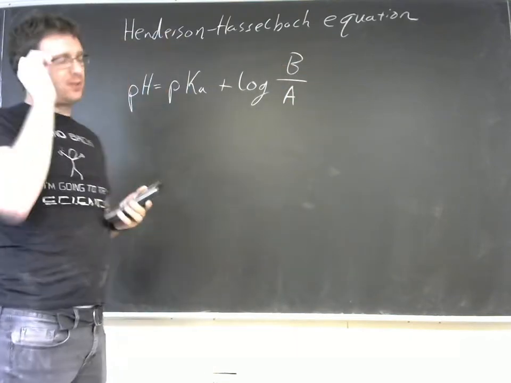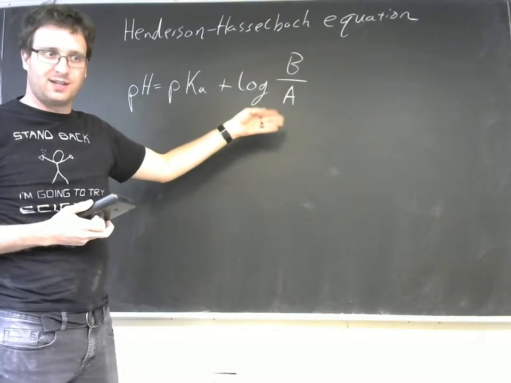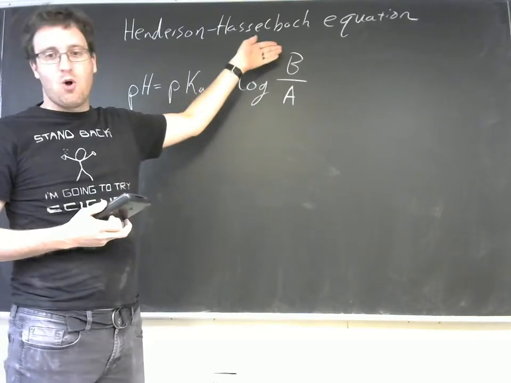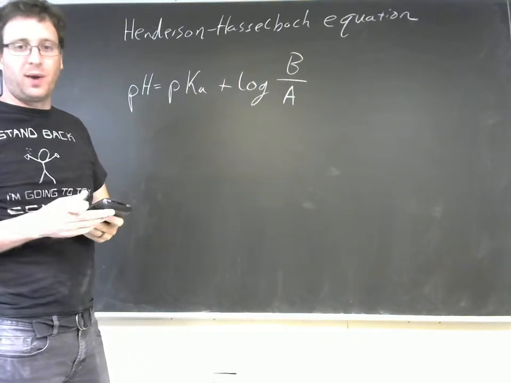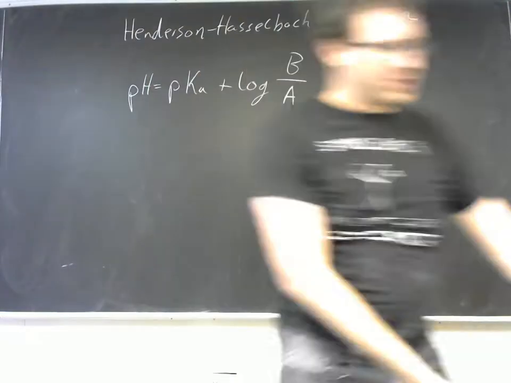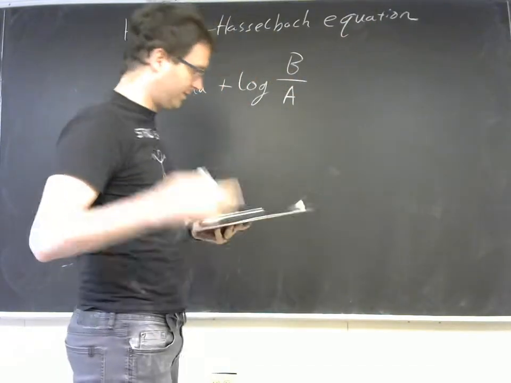And so this could be the concentration of the base over the concentration of the acid, or it could just be the number of moles of base over the number of moles of acid. It works either way.